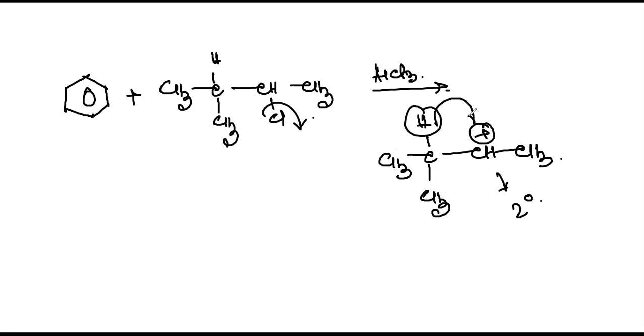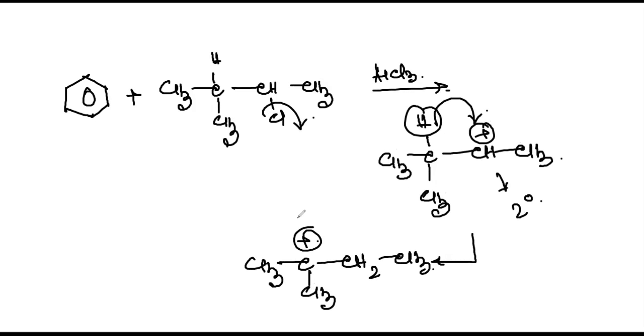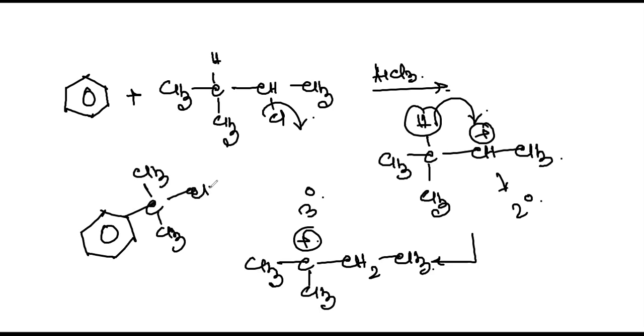I will get this hydrogen, and this will become plus charge, CH3, CH2, CH3. This is 3 degree. Just join it with the benzene ring. So the structure will be C, here CH3, here CH3, here CH2, and here CH3. So this is the product. Just join the plus charge with the benzene ring, which is the stable carbocation. You should always consider the stability of the carbocation.